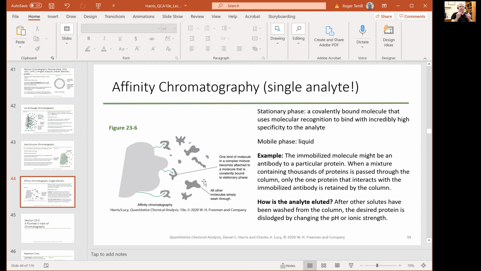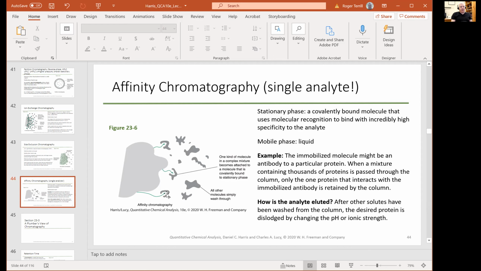Now you never have enough to do anything with except analyze it. You can answer the question, is it there? Or you could elute it. You can salt it out, where you increase the ionic strength of the eluent, and that will break the hydrogen bonding type interactions that often tie these antibody antigen pairs together, and then you can elute the antigen.